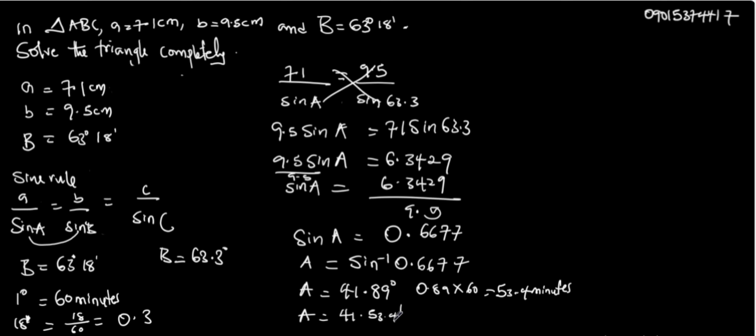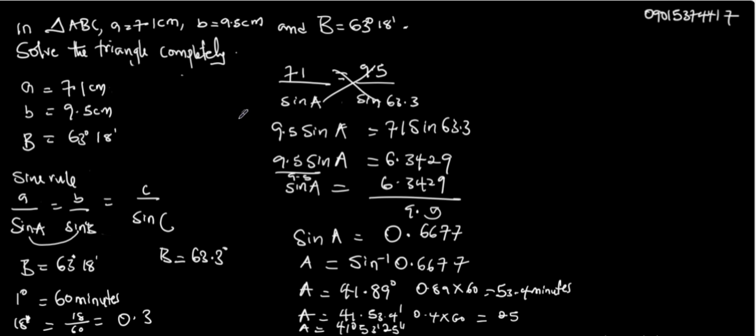You can convert this 0.4 minutes to seconds. That's 0.4 times 60, and that should give us 24 seconds. So our A will equal 41 degrees 53 minutes 25 seconds.